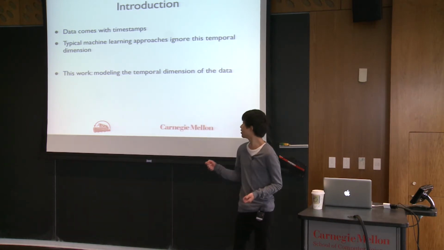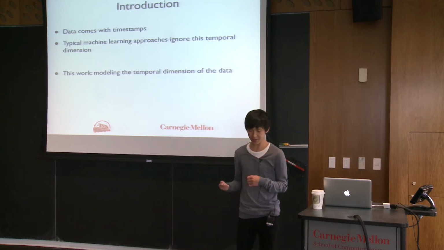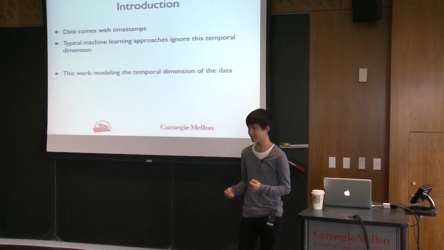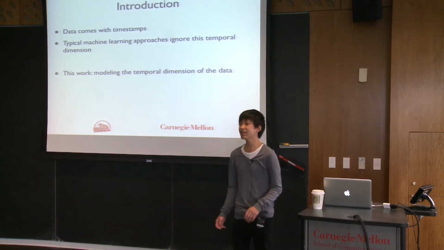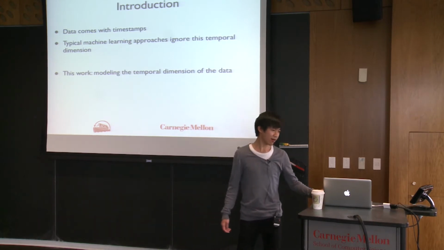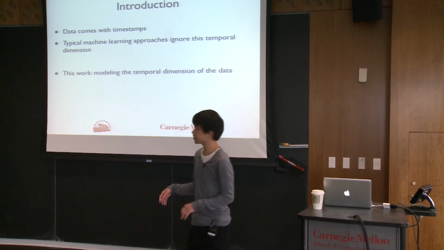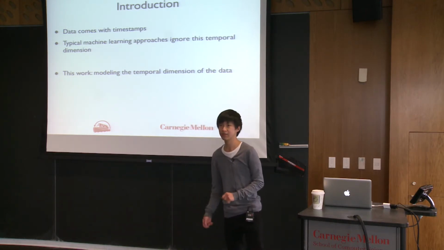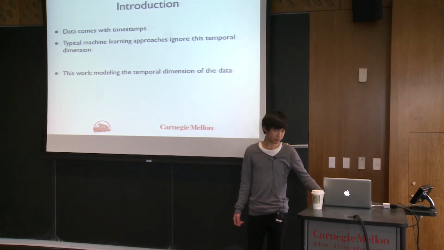We believe that for some tasks, especially for predicting the future, it's not the best approach. We can actually do better if we take into account the temporal dimension of our data set. So that's what we're going to do in this work: incorporate the temporal dimension of the data into a machine learning model.